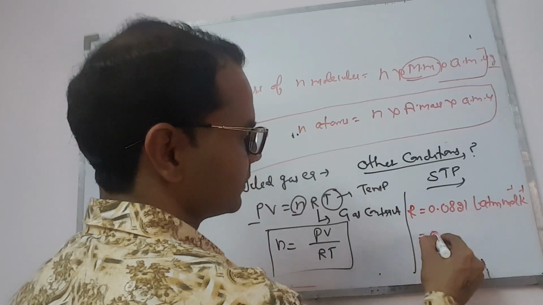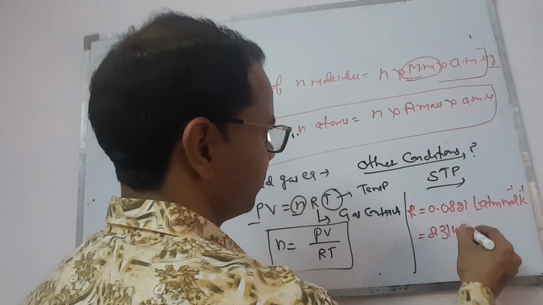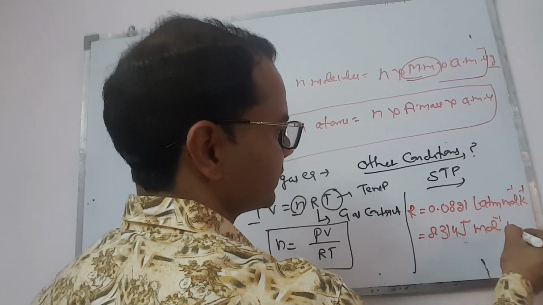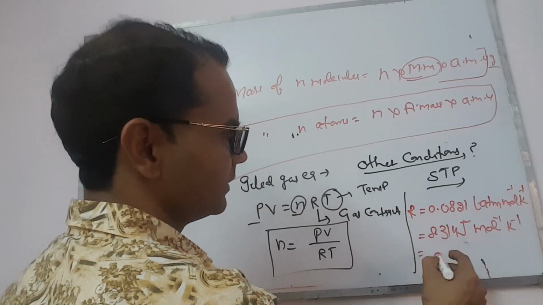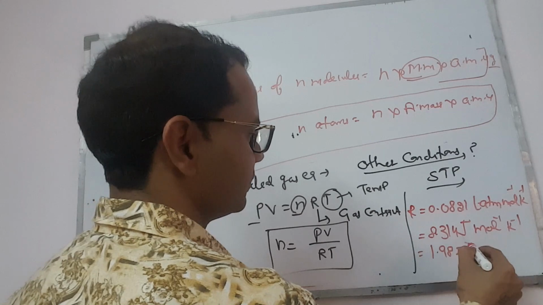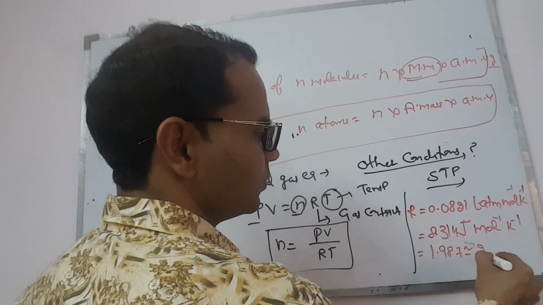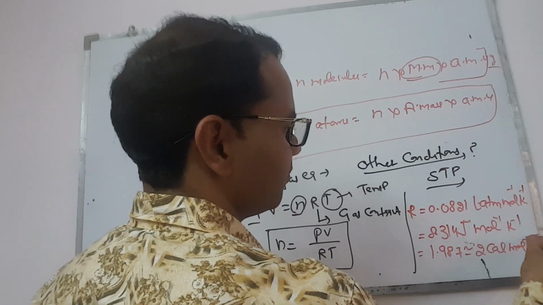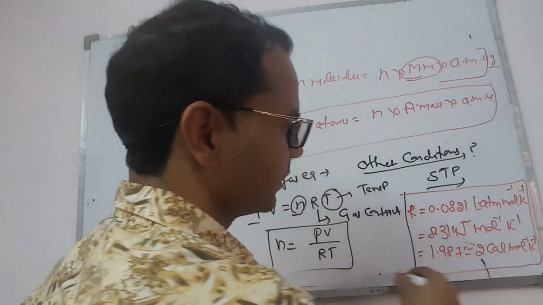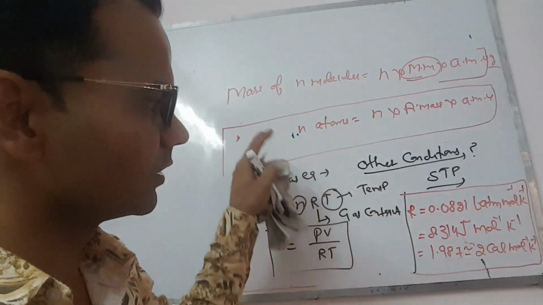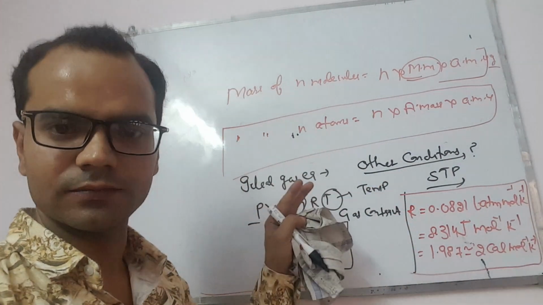Second value is 8.314 joule mole inverse Kelvin inverse. Third is 1.987, almost equal to 2 calorie per mole per Kelvin. These are the three different values of R, and we will use these values according to the conditions.